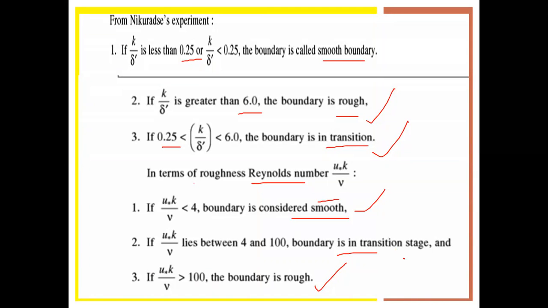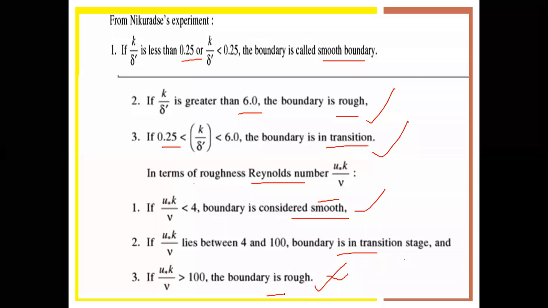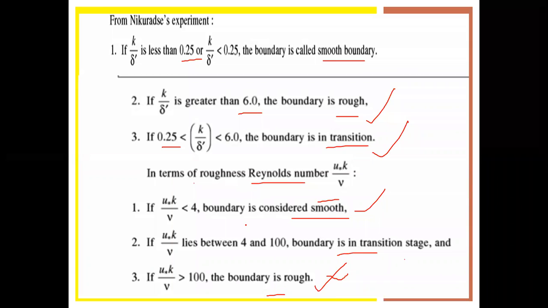So you only have to focus on the conclusions or statements at the end of the question. Generally in the question they will say the boundary is rough. So definitely if it is greater than 100, we can say the boundary is rough.